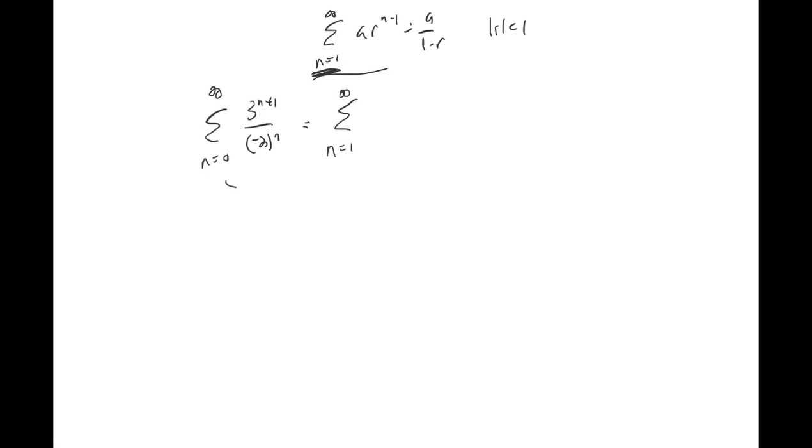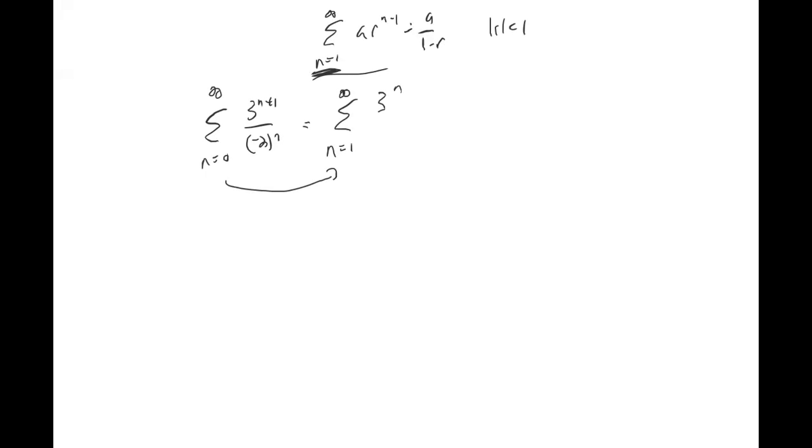But when I do that, what am I doing to go from 0 to 1? What operation do you do to go from 0 to 1? Right, it's the most obvious operation. You add 1, right? So how do you make up for that, for the inside? If I added 1 to the index, I need to replace n with n minus 1, right?